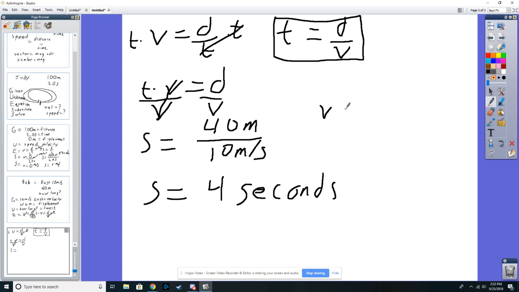If you go back to the original equation, we have 10 meters per second, distance of 40, 40 divided by 4 is 10.